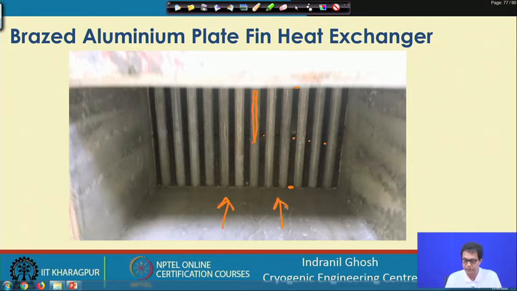This is basically the rectangular hollow header, which is allowing the fluid to come on this side and flow through this end, and this black colored one, whereas that white one is basically the sidebars.